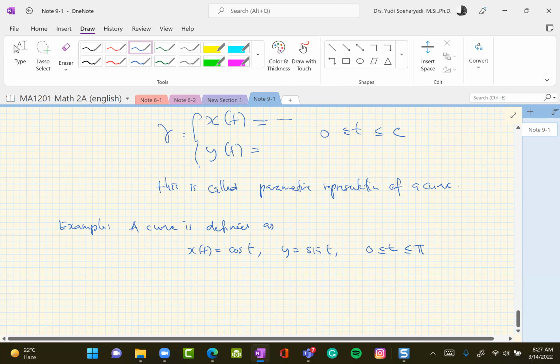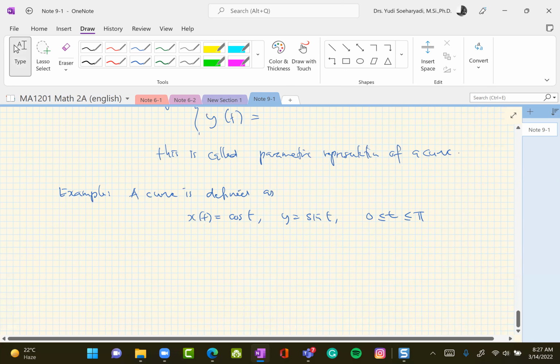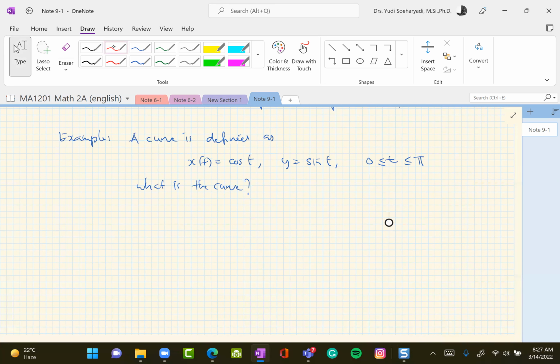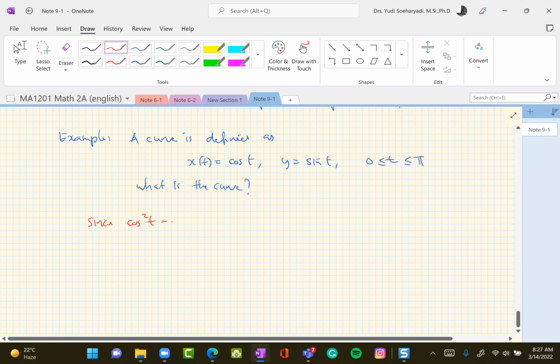So what do you get here? What is the curve? What do we know about cosine and sine, how do they relate? Well, we know cosine squared t plus sine squared t equals 1.